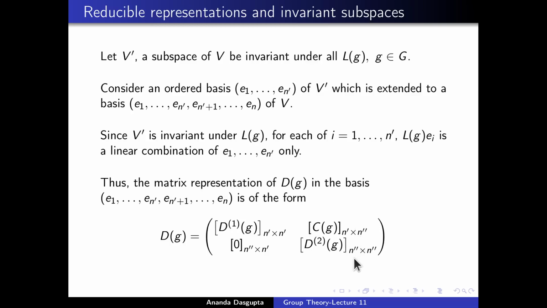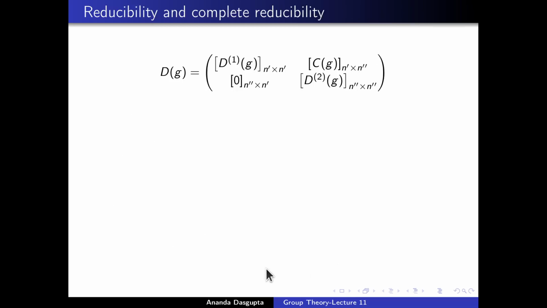So, basically, the matrix representing D of G under this circumstance, where capital V, the space carrying this representation, has an invariant subspace, and with this particular choice of basis where the first n prime basis vectors span that invariant subspace, the matrix representation will end up being of this form, which is not block diagonal but rather block triangular.